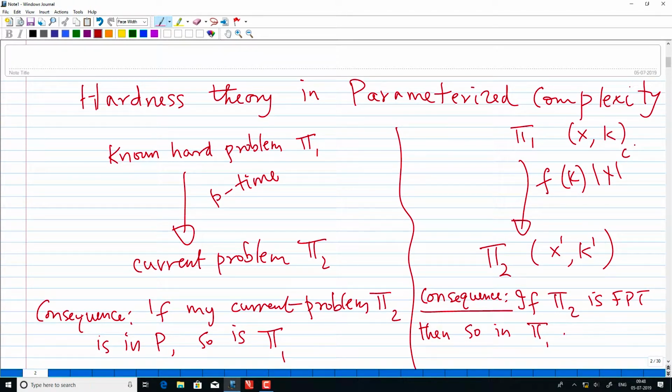Then we will come back to this reduction. So basically, in the parameterized world, the reduction should satisfy two conditions different from NP-complete reductions. One, you are allowed much more than polynomial time; you are allowed FPT time. The second condition I am going to tell you; we will derive what it should be after I do the other example.